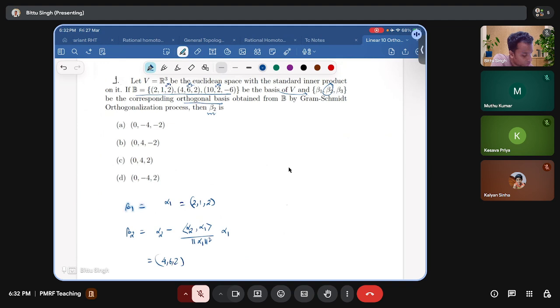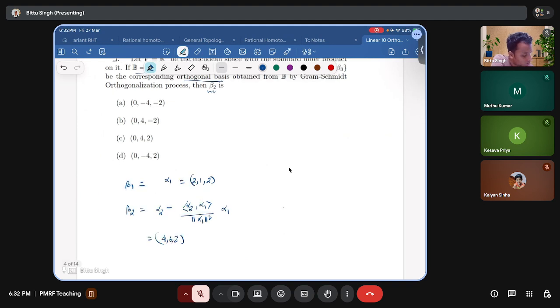Now let me calculate those things. The inner product of alpha 2 and alpha 1, (4, 6, 2) with (2, 1, 2), is computed by multiplying component-wise and adding. Therefore 4 times 2 plus 6 times 1 plus 2 times 2, that is 8 plus 6 plus 4, 18.